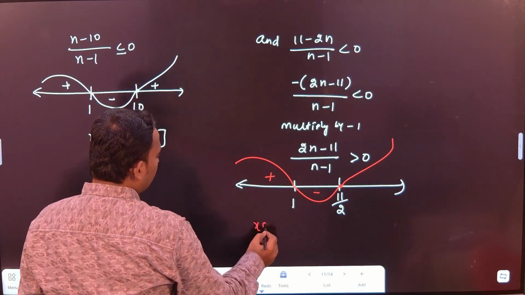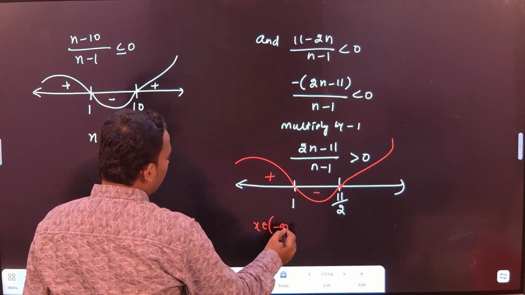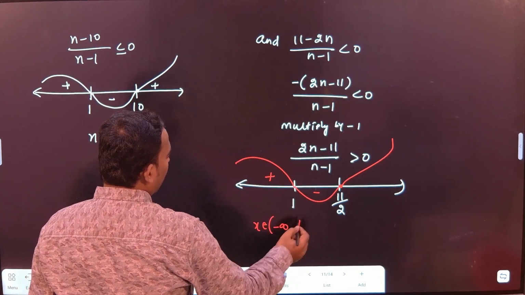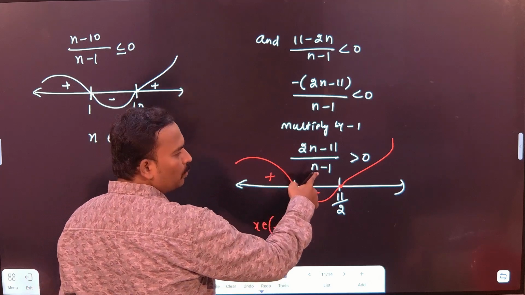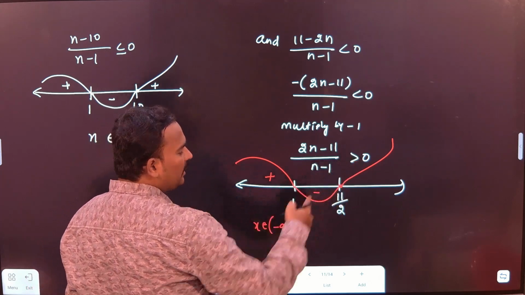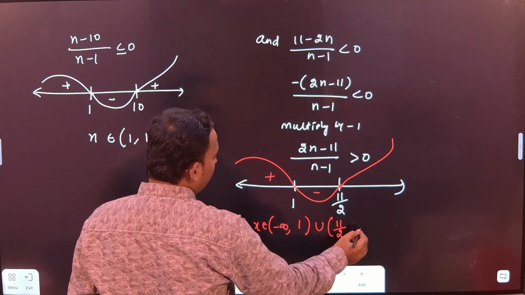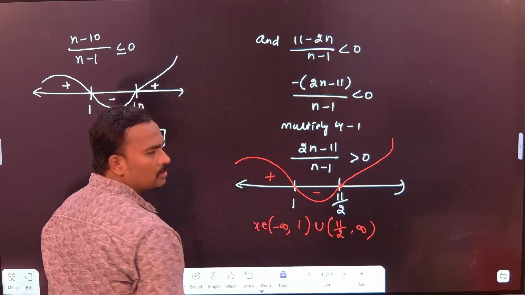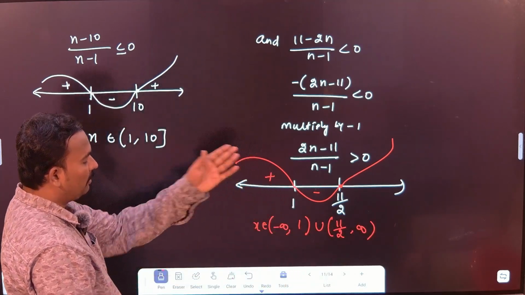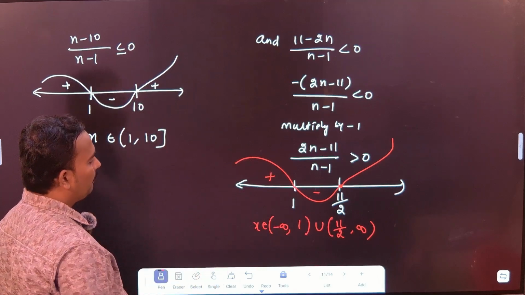So we need x belongs to minus infinity to 1, union 11 by 2 to infinity. 1 is not included: if you put 1 here, the denominator is 0. 11 by 2 also is not included because if included, it becomes 0, and we need greater than 0.